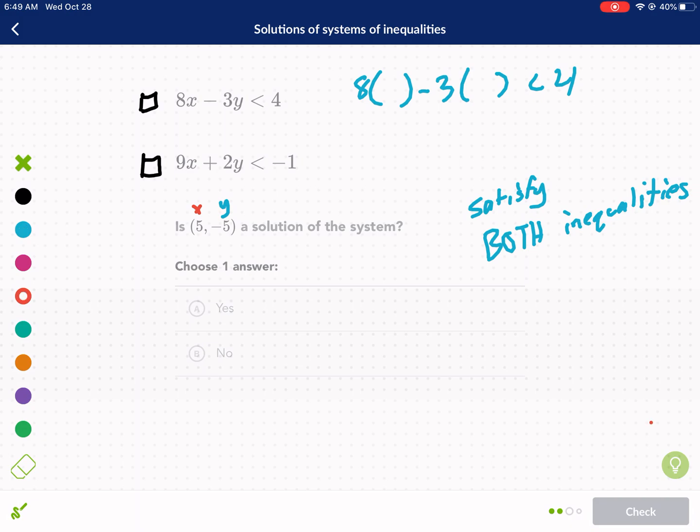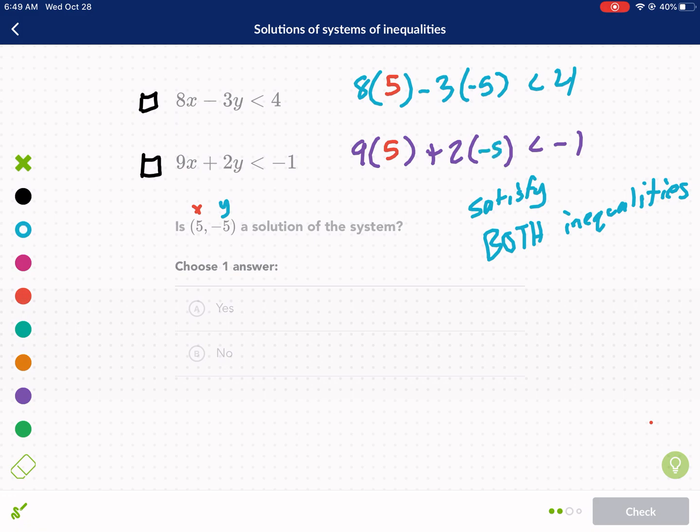So I'm replacing the x with 5, and I'm replacing the y with -5. Man, I wish I would have used a different color than blue. Okay, well, another one I'll do this way. So we have 9x + 2y < -1. I'm just copying the inequalities over, and I'm putting in x and y. So I have 5, and then I put -5.